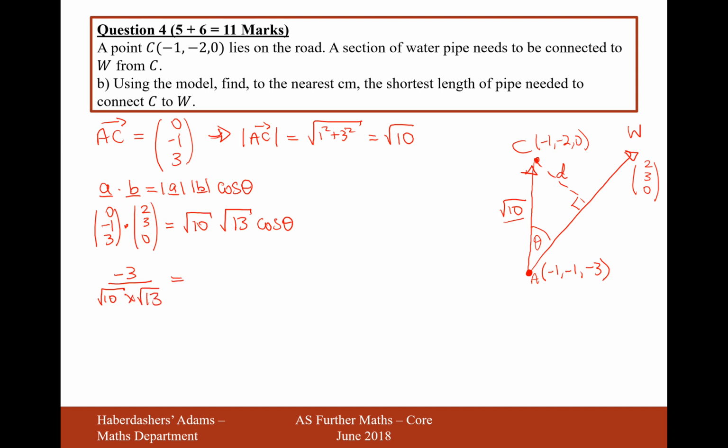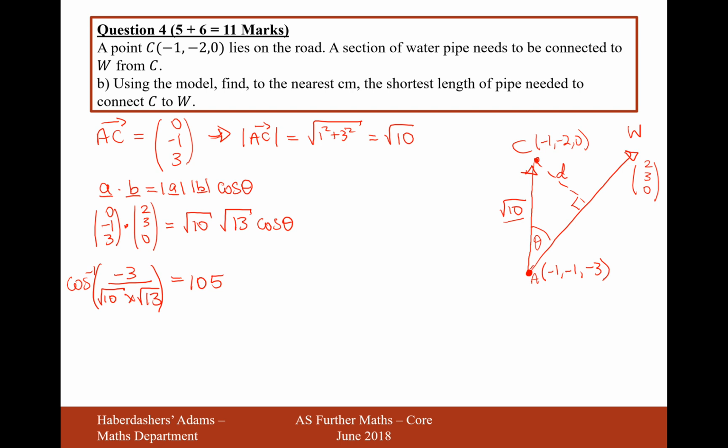And if we do that on the calculator, and we do inverse cos of it, we're going to get the angle of, let's just do that on the calculator now, inverse cos, fraction button, -3 over the square root of 130, which is 105.